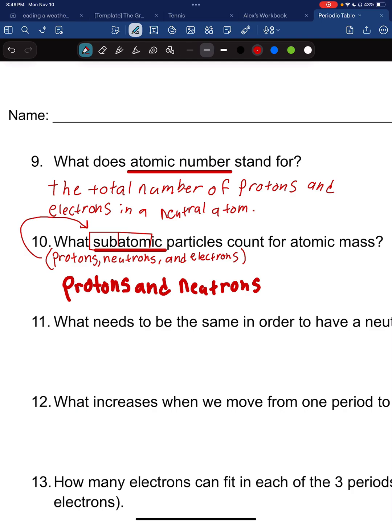They're also being traded, given away and shared, so the scientists decided not to count electrons towards atomic mass. Okay, so atomic mass here is only talking about your protons and neutrons that are located in the nucleus, in the center of your atom.